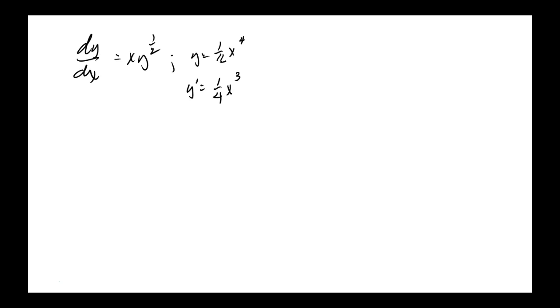Okay. Now, we got one other thing we've got to do. We need to figure out what y to the 1/2 is. Because this takes care of this side, but we still need to figure out what goes in here. So what is y to the 1/2? If y is 1/16 x to the 4th, what is y to the 1/2?